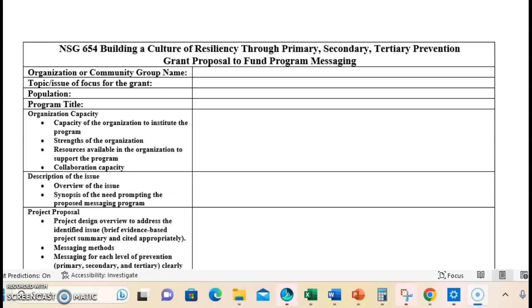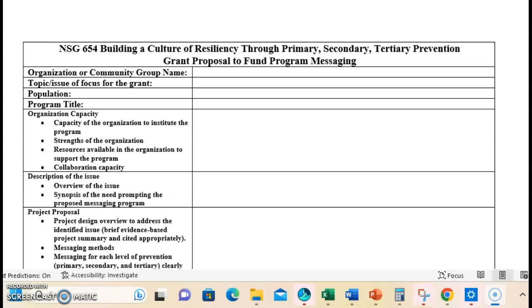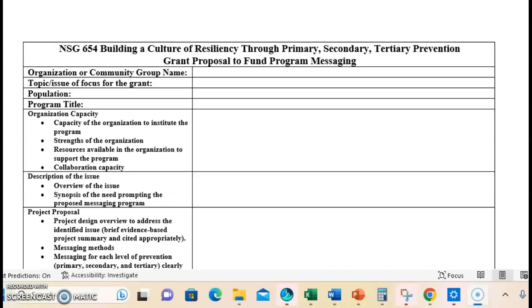So again, it is important to identify your population, important to identify your health issue, and begin thinking about the health messaging and where you want to move with that direction. For this assignment, you will complete this table. Look at this form. One of the first things you want to do is identify the organization or community group name, the topic or the issue of focus, and then the population.